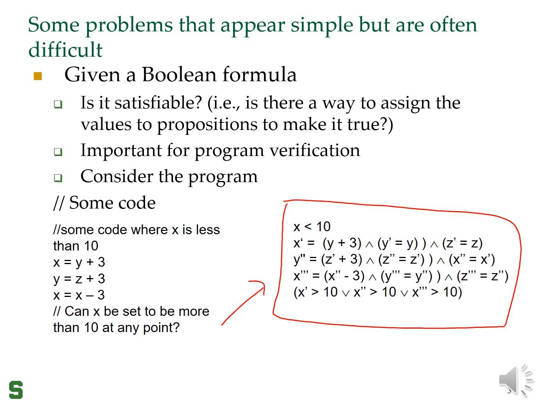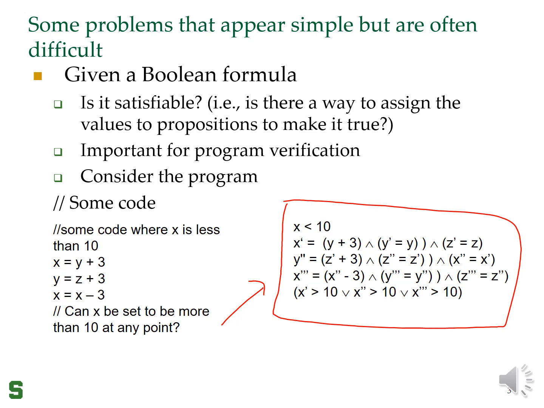So this is why we care about the satisfiability problem, and this is one of the reasons why we care about satisfiability problem. But it turns out that this problem is challenging. The most straightforward way to solve the satisfiability problem would be to write a truth table.